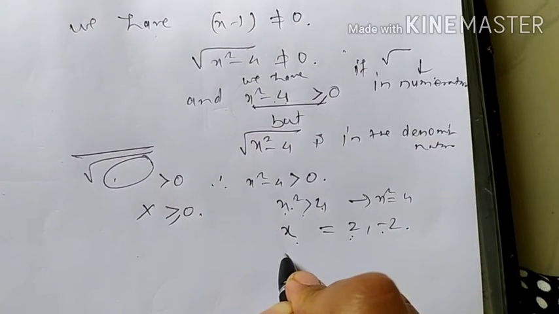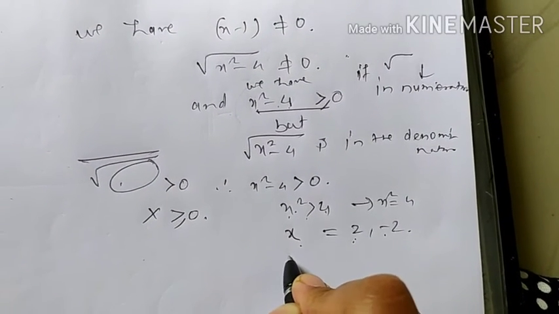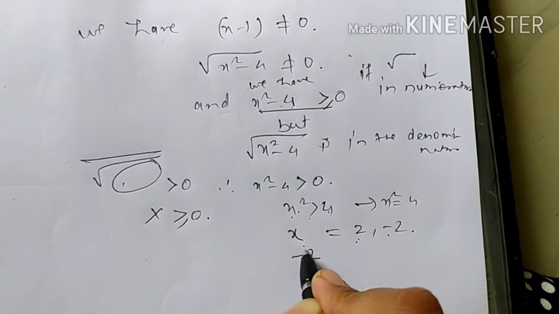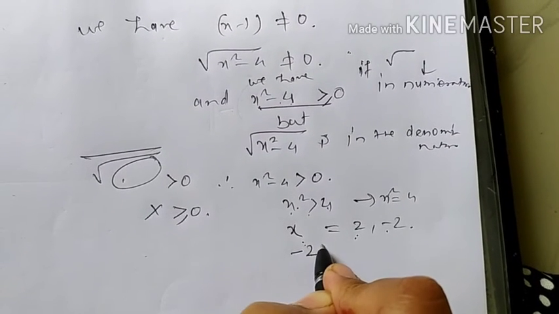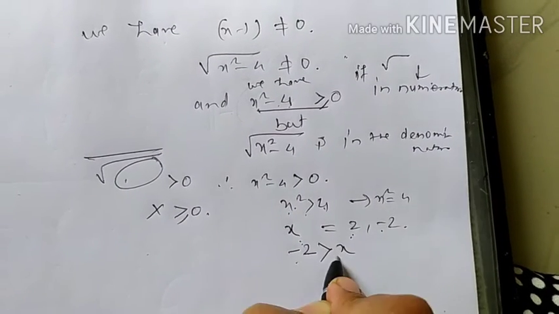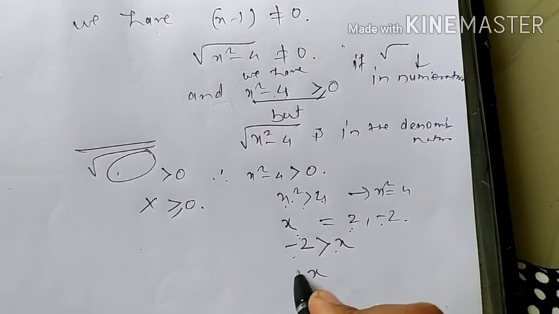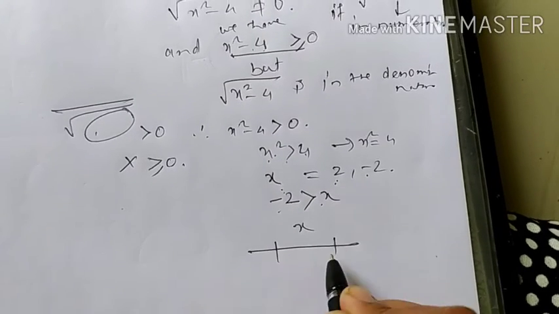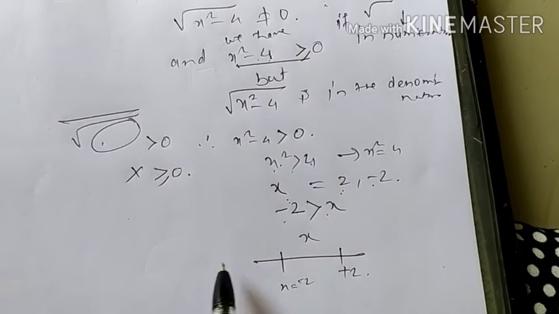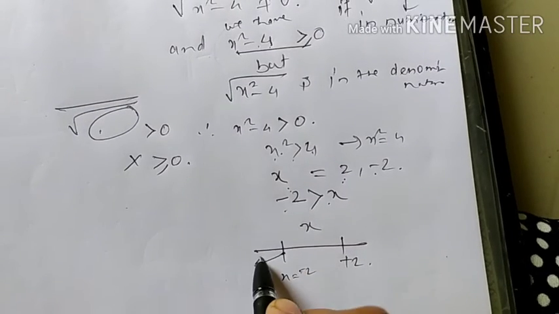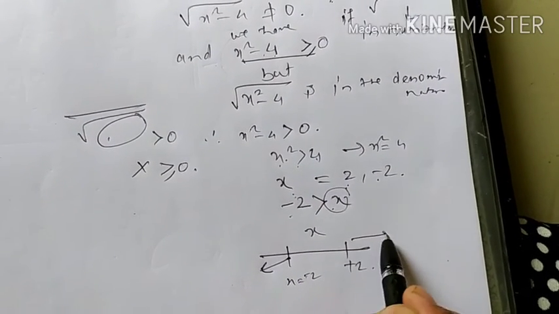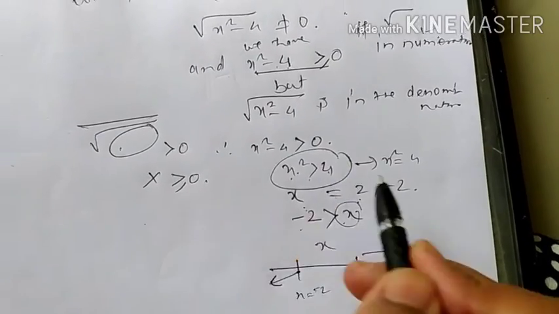So the value for x is, if we take x equals minus 2 and here plus 2, then it will be less than minus 2, and greater than plus 2.